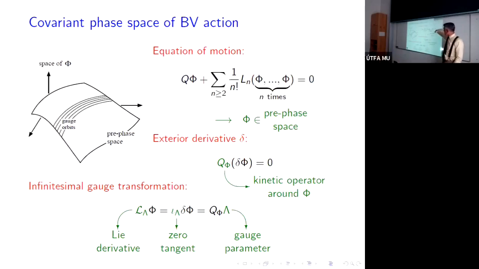By taking the exterior derivative of the equations of motion, one finds that the differential delta phi has to satisfy this equation, where Q phi is some operator which you get from taking the derivative of that equation, and which represents the kinetic operator for fluctuations around this classical solution phi. So the differential satisfies this constraint.